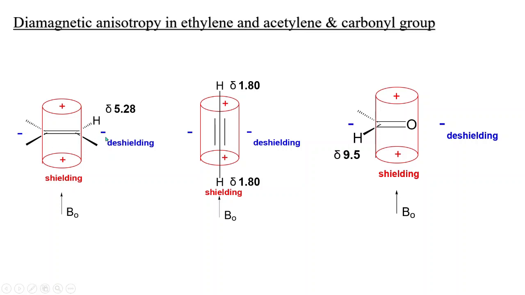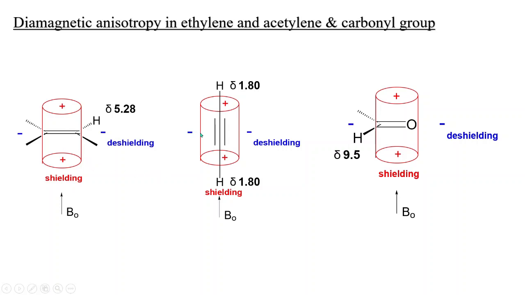This region will be the de-shielding region, and this region is the shielding zone. Whenever any proton comes under this area, that will be de-shielded, and will resonate at a chemical shift value of 5.28, and at this region that will be the shielding region.